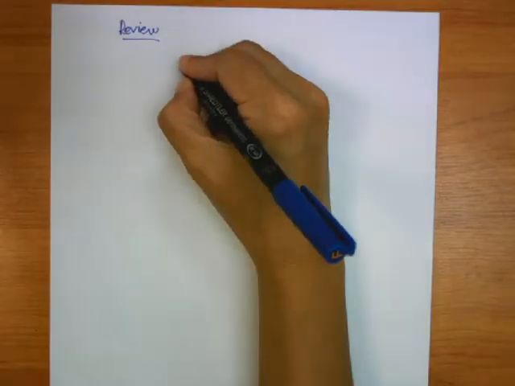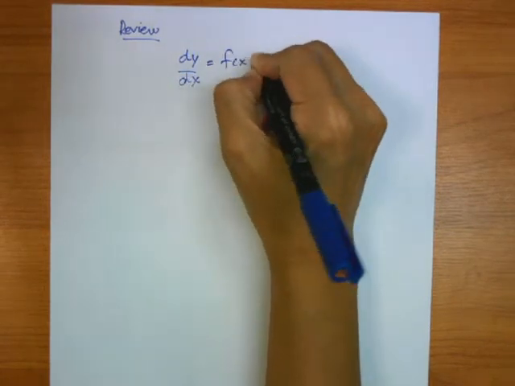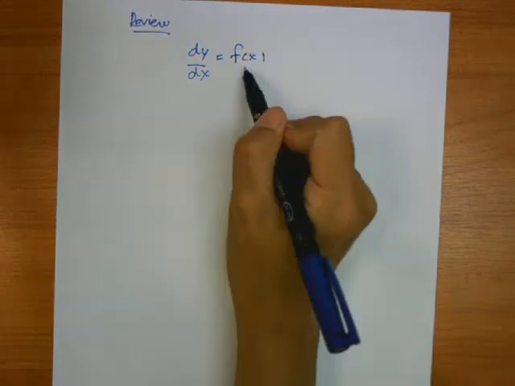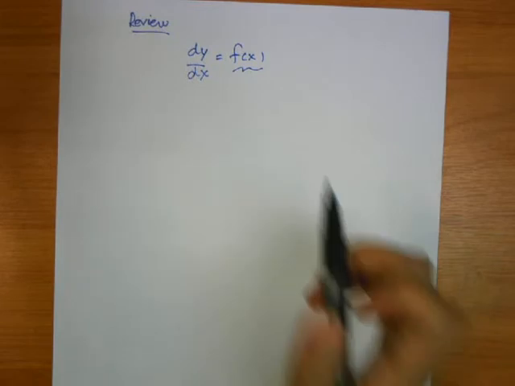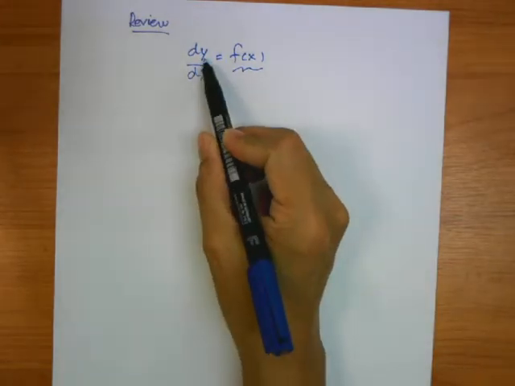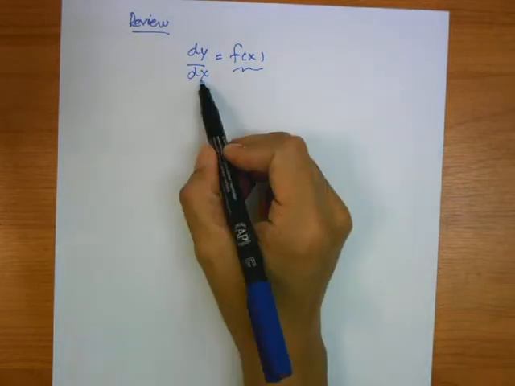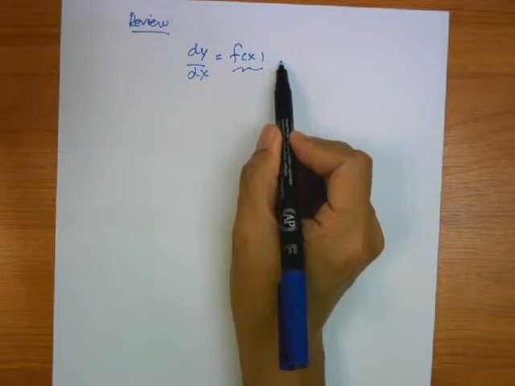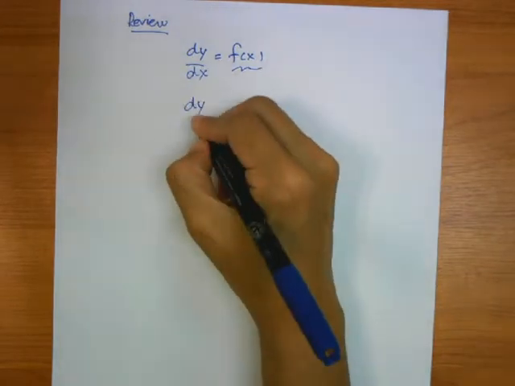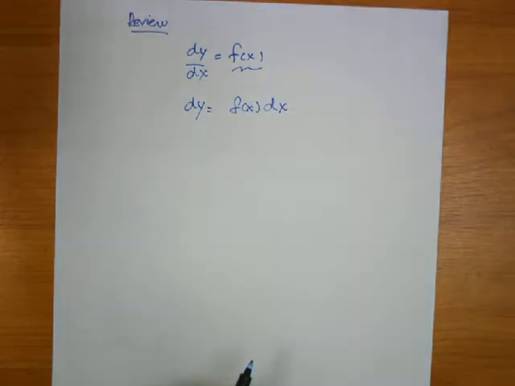Usually, whatever you learned to find the solution of dy by dx equals f(x), where f(x) means a function of x, to find y as a function of x, you put the dx into the right side of the equation, like this, and then you do the integral.